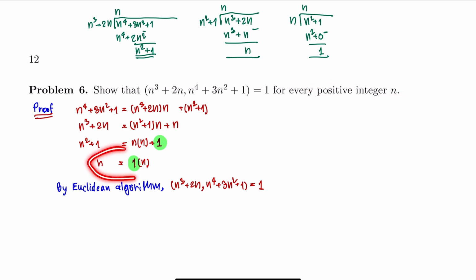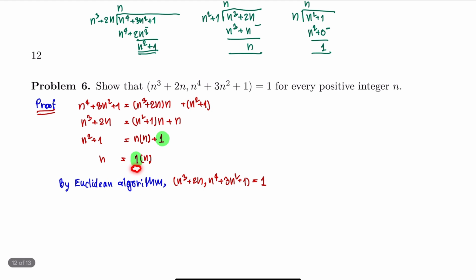Take a look at this equation. This equation tells us that 1 is the greatest common divisor. As you can see, we have this equation, n equals 1 times n, which is always true. So this equation is true for all positive integers n.